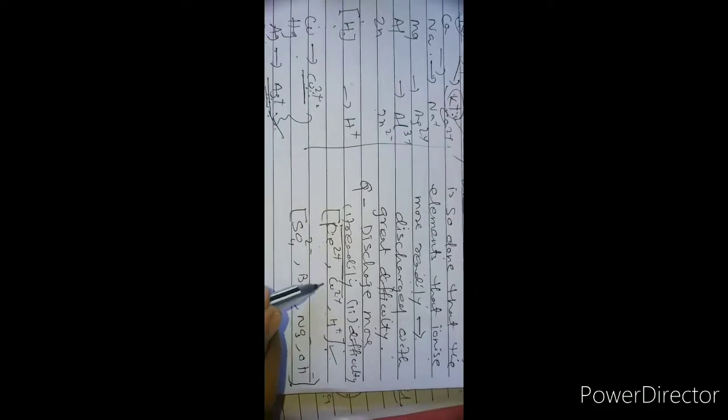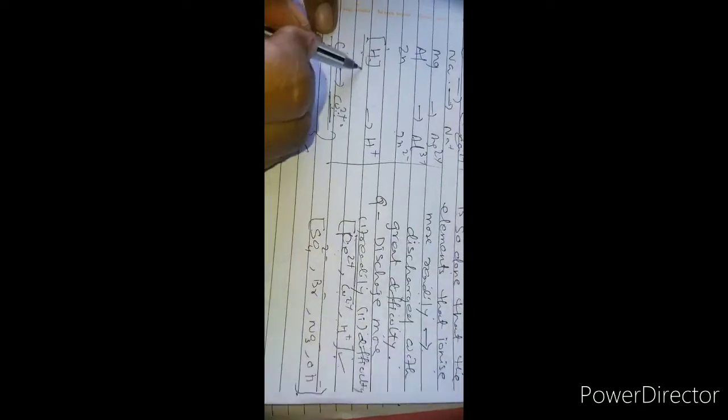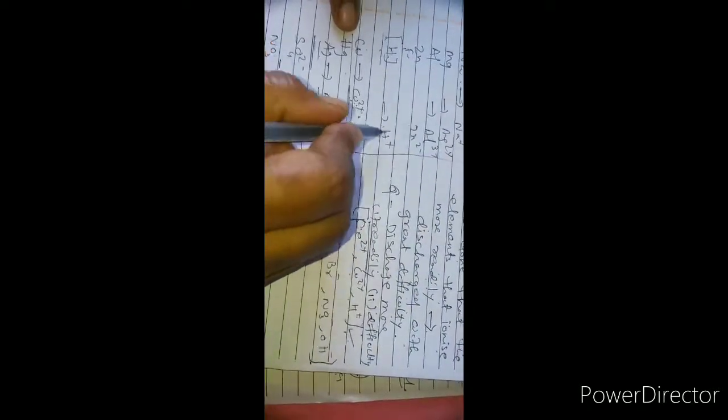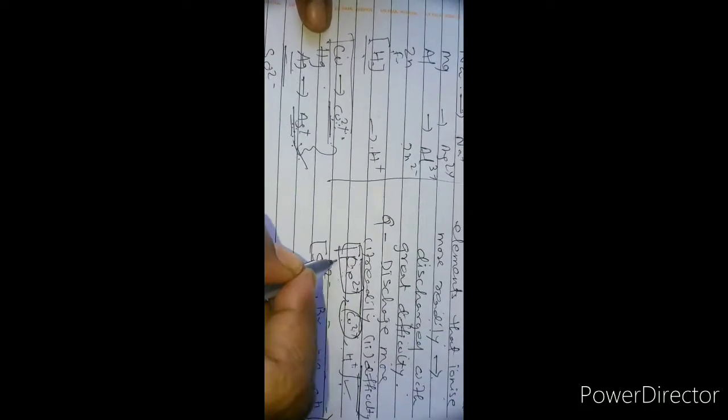Copper's position is here, H plus position is here, and iron's position is here. So copper will discharge more readily, and Fe2 plus will discharge with much difficulty.